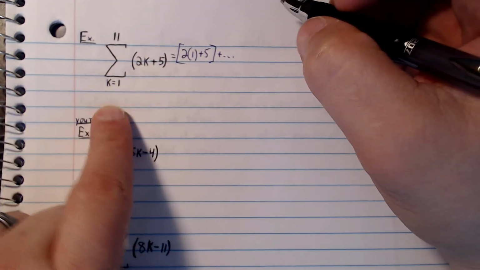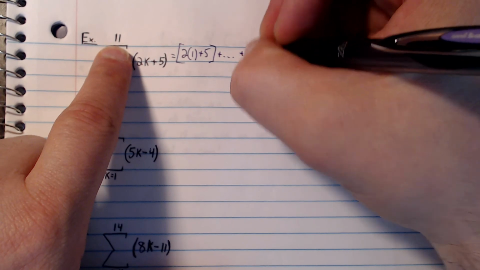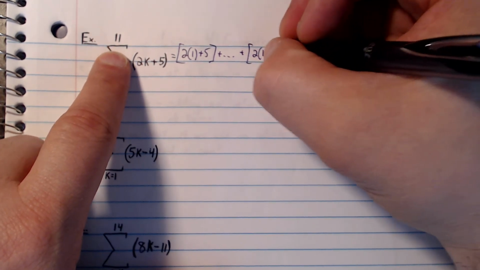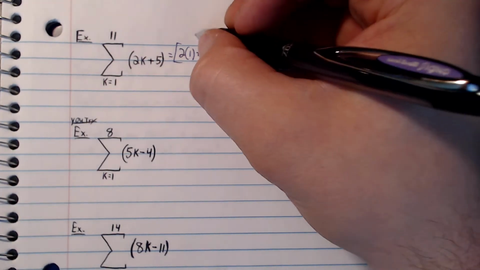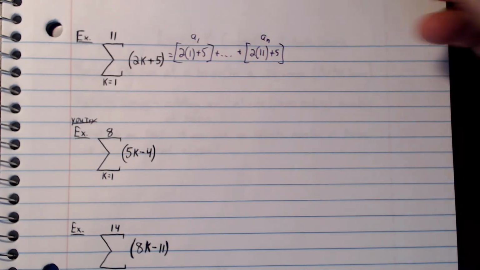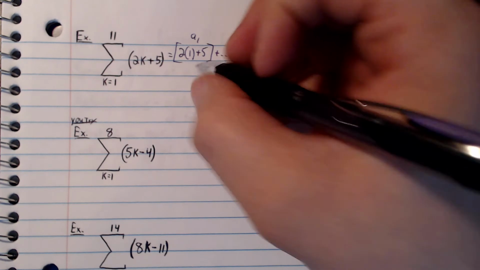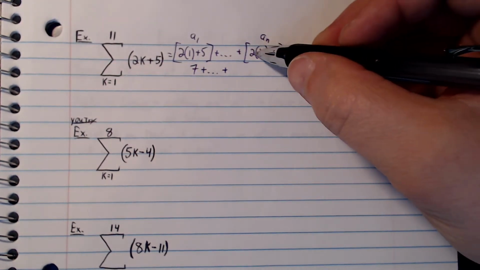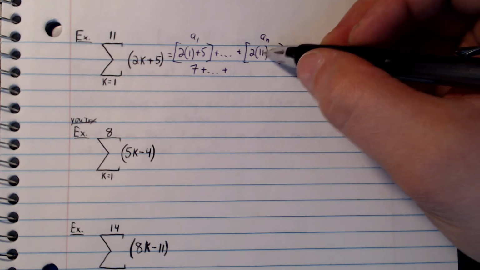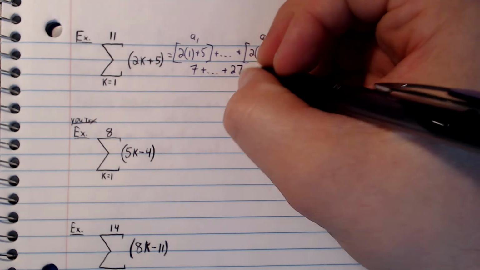I don't care about any of the other terms except for the last one. 2 times 11 plus 5. So this is our A1 term. This is our AN term. So 2 times 1 is 2, plus 5 is 7. 2 times 11 is 22, plus 5 is 27.